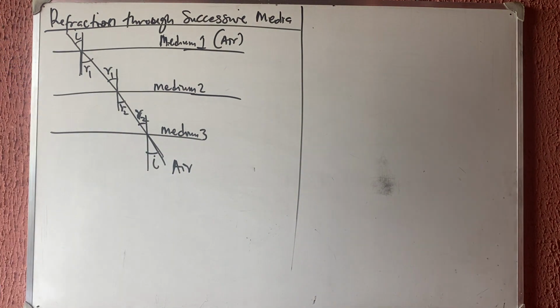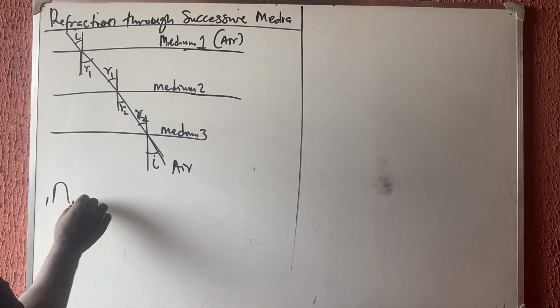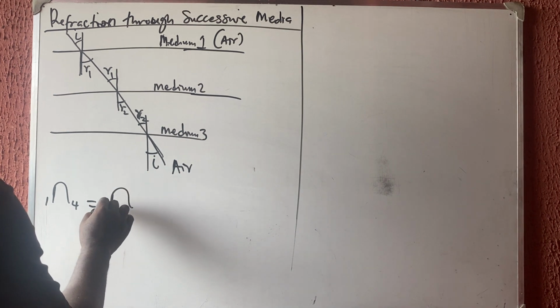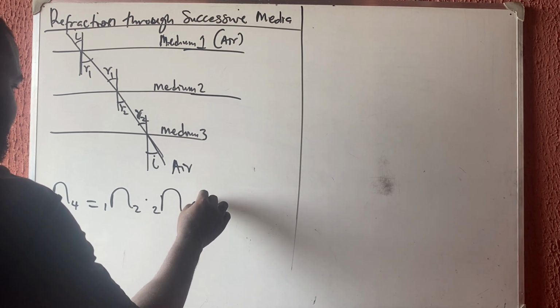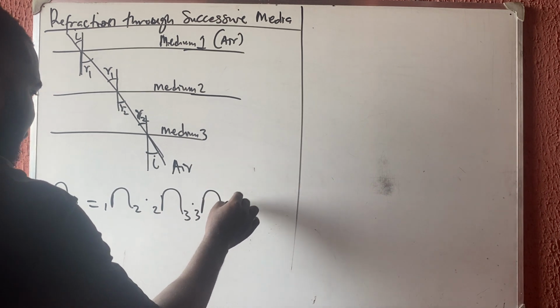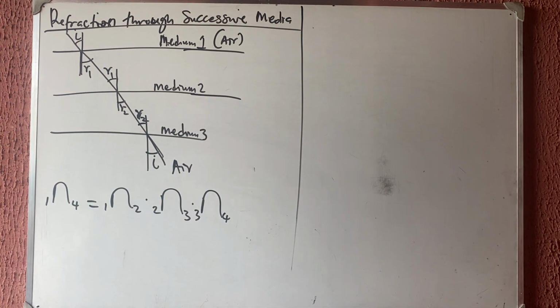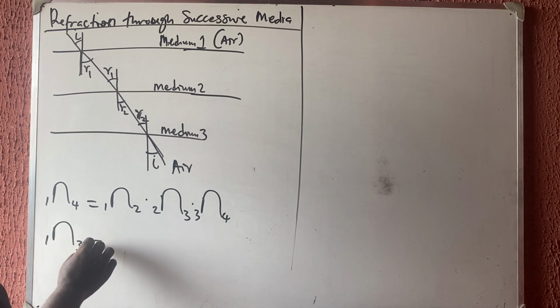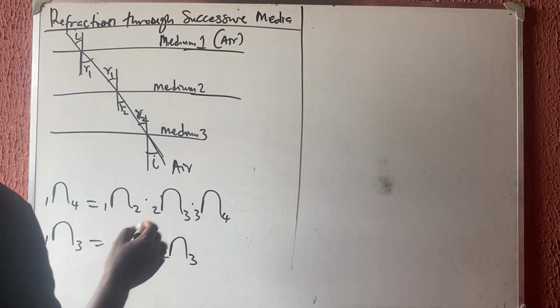So from this thing, please note that the refractive index from 1 to 4, just know this formula, is the refractive index from 1 to 2 times the refractive index from 2 to 3 times the refractive index from 3 to 4, like that. That's how it goes. If you want to do for just 2, the refractive index from 1 to 3 should be the refractive index from 1 to 2 times the refractive index from 2 to 3. Very simple.